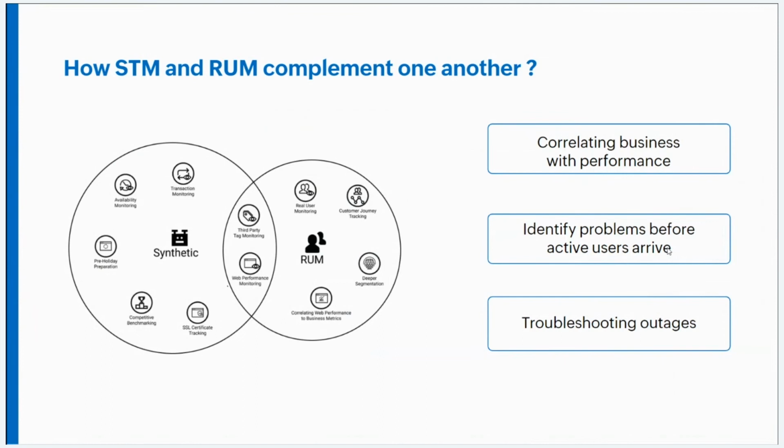Troubleshooting outages. Combining synthetic and real user monitoring data can make troubleshooting quicker and easier. When synthetic tests fail or trigger an alert, data gathered from RUM will show you the real time impact on end user experience. Similarly, if real user monitoring data reveals a performance anomaly, then you can use synthetic transaction monitoring to replicate the issue by exercising the same transaction across a number of ISPs and geographical locations.